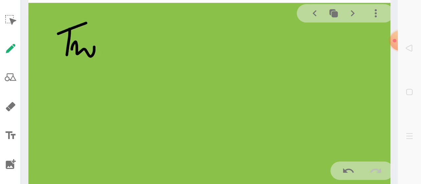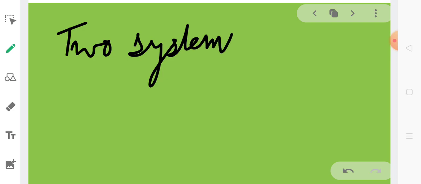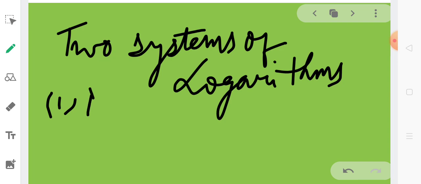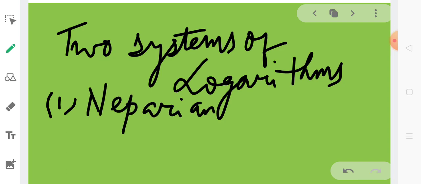Now I would like to tell you that there are two systems of logarithms. The first one is the Neperian log. It is sometimes also called the natural log.